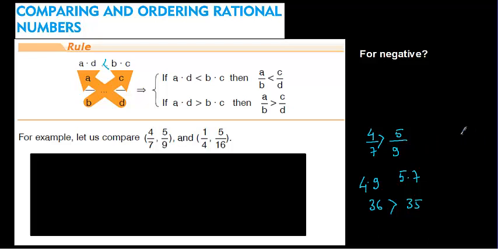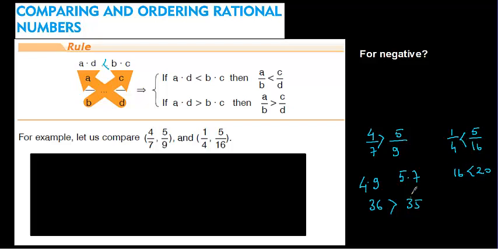Or take 1 over 4 and 5 over 16. 1 times 16 is 16, and 4 times 5 is 20. So 20 is bigger than 16.